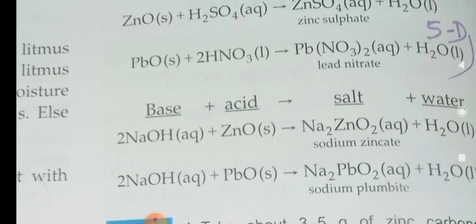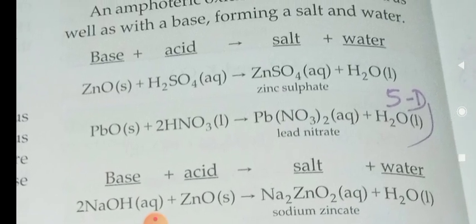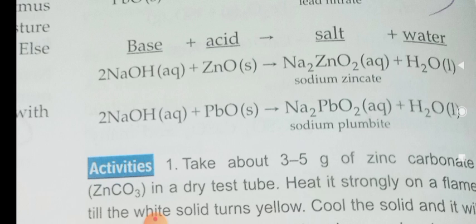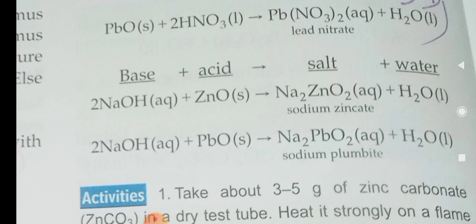And with a base, for example sodium hydroxide plus zinc oxide, it forms sodium zincate, Na2ZnO2, and water. Sodium hydroxide and lead oxide form sodium plumbite plus water.